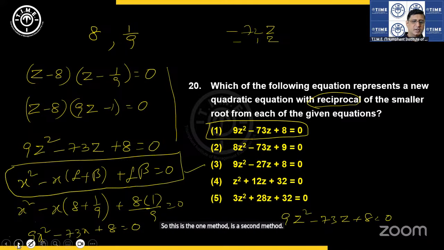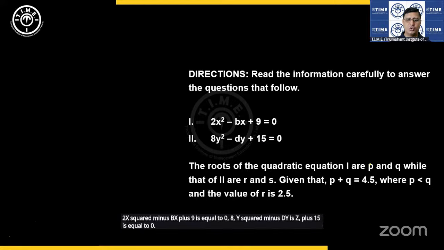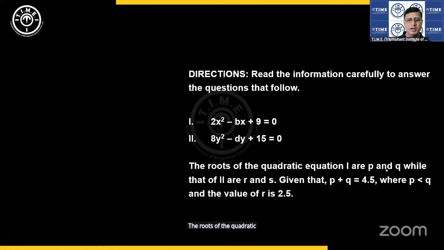Right. Look at the next example on your screen. Read the information carefully to answer the questions that follow. 2x square minus bx plus 9 is equal to 0. 8y square minus dy plus 15 is equal to 0. The roots of quadratic equation 1 are p and q.